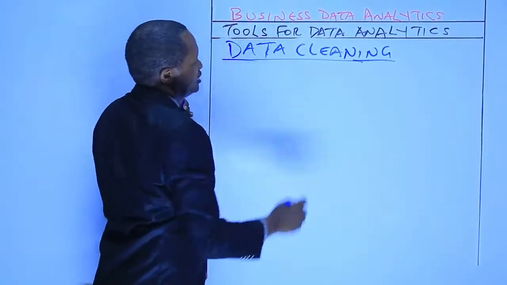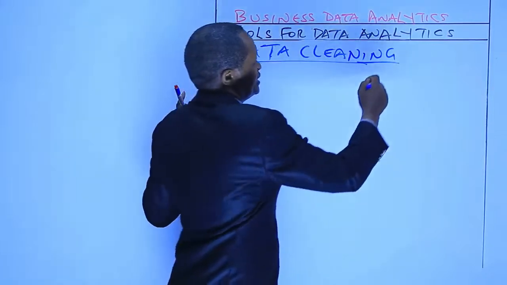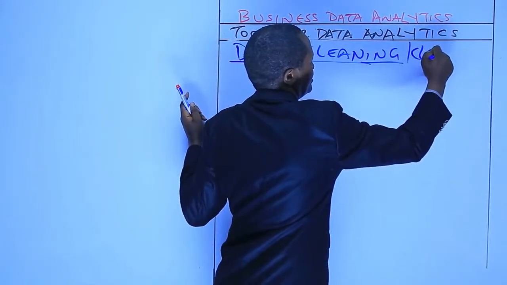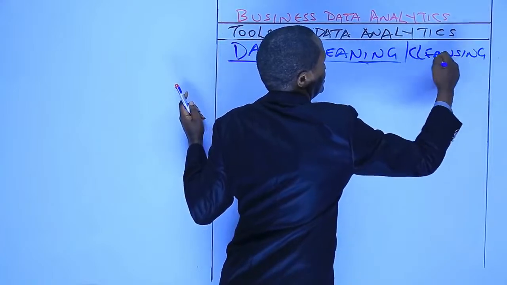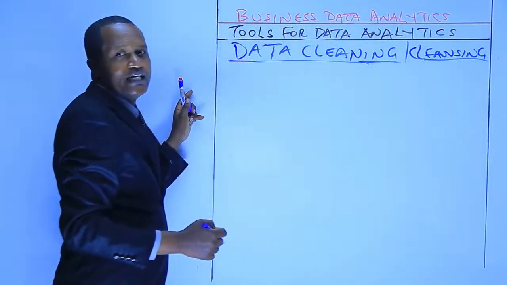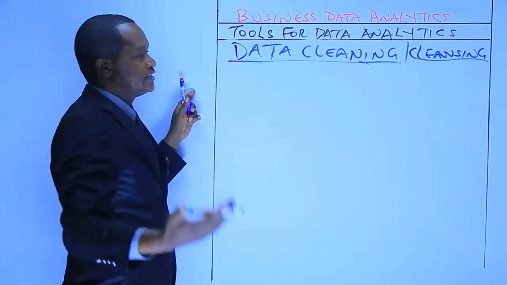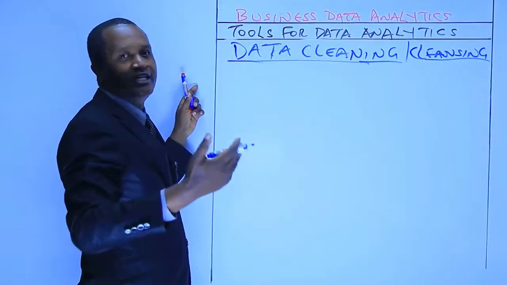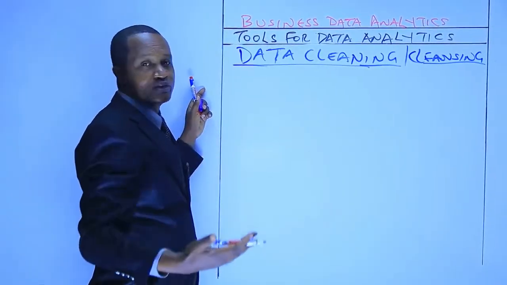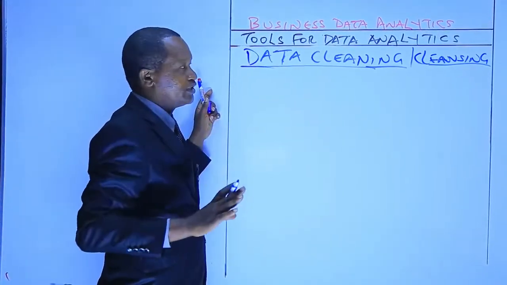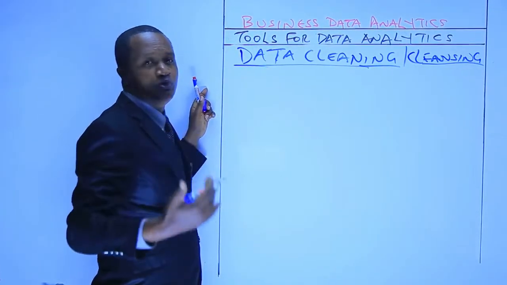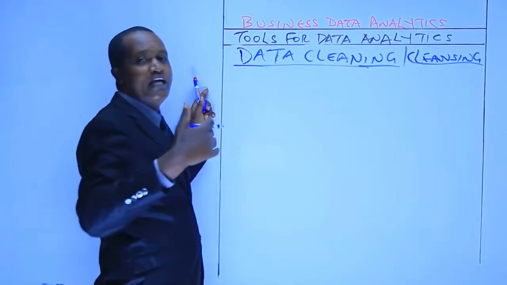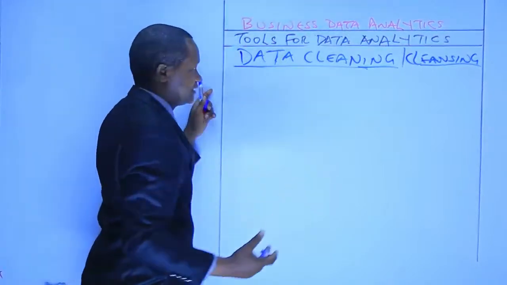Data cleaning, also referred to as data cleansing, is the process of identifying and correcting errors, inconsistencies, and inaccuracies in raw data. And the purpose is to improve its quality and usability for analysis.